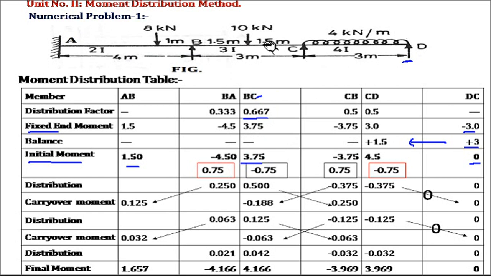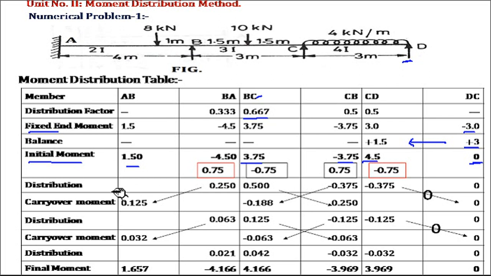In member CB it is minus 3.75 plus 0, so minus 3.75. In member CD it is 3 plus 1.5, which equals 4.5. In member DC it is minus 3 plus 3, which equals 0. So these are the initial moments in different members of the continuous beam ABCD.